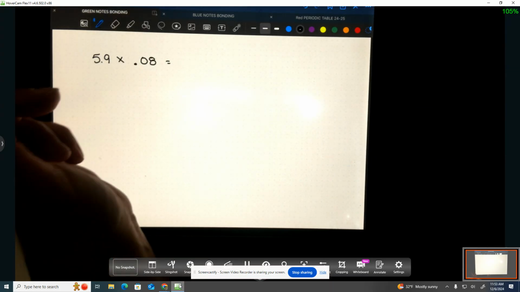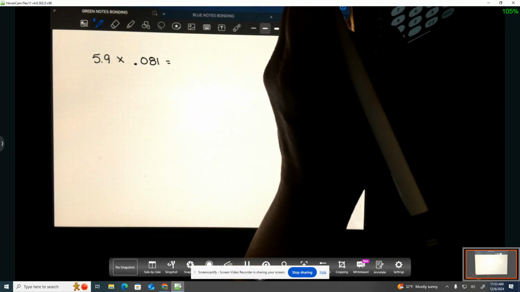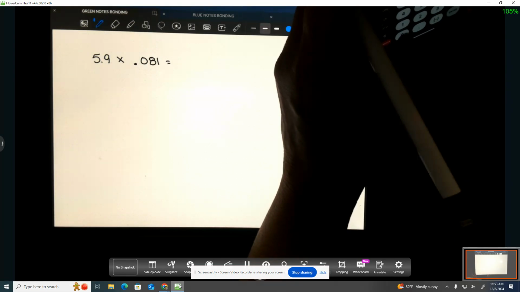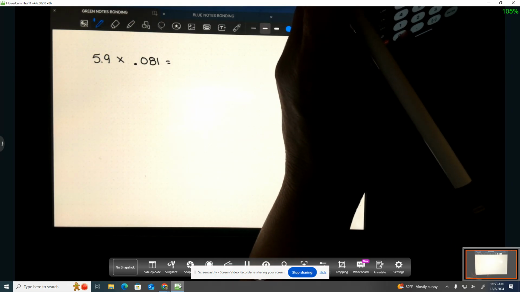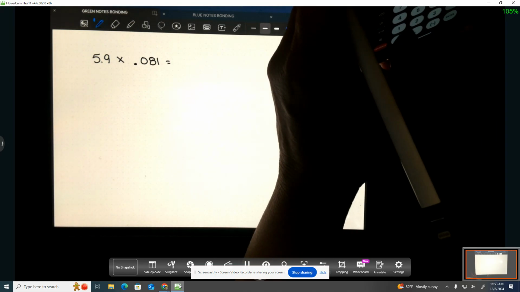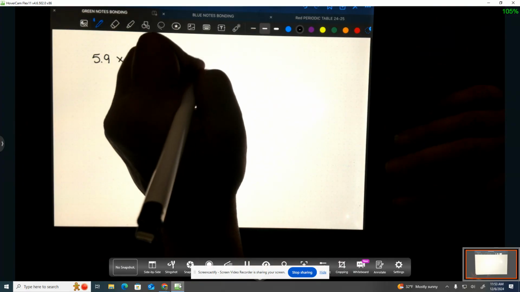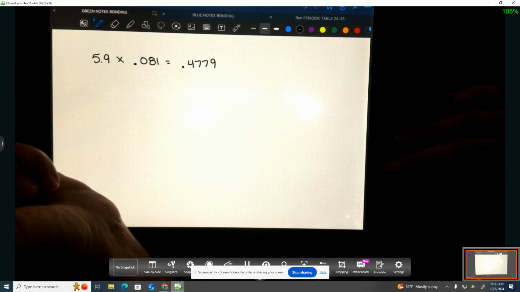Okay. All right, one more to practice. 5.9 times 0.081. Change the number of significant figures. 5.9 times 0.081. Oh, shoot, I shouldn't have put that 1 on there. All right, anyway. 0.4779.